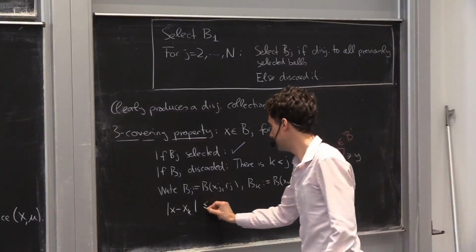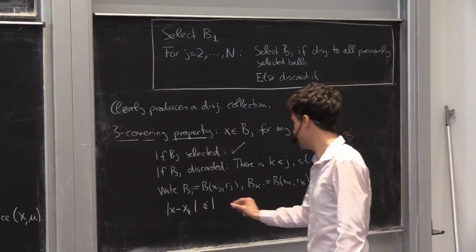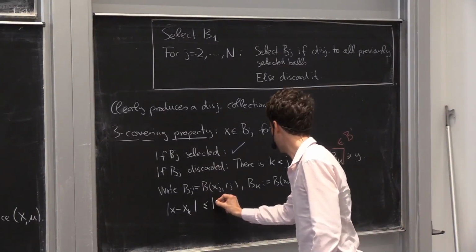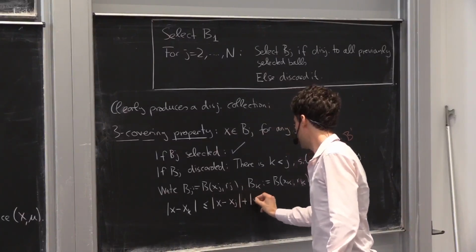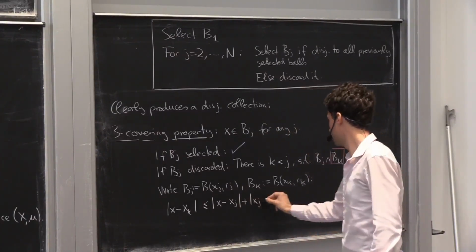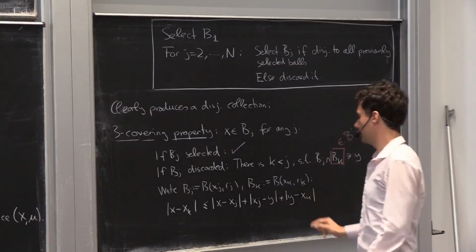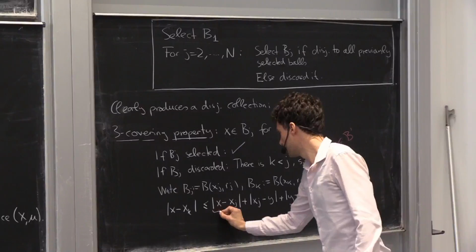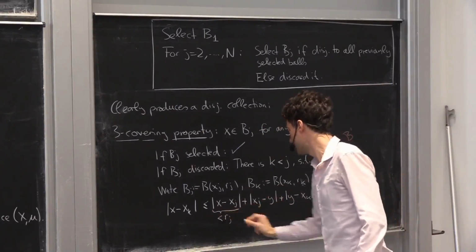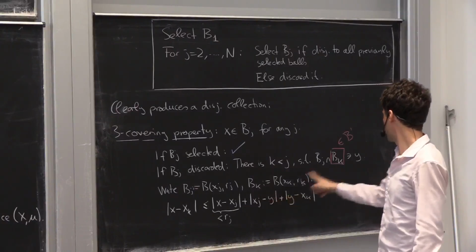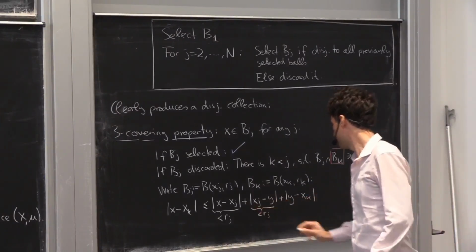I use the triangle inequality to fill in every piece of information I possibly have at hand. So what I can do is compare x with the center of Bj, I can compare xj with y, and y I can compare with xk. Because x was in Bj, this is less than rj. Because y also was in Bj, this is less than rj.